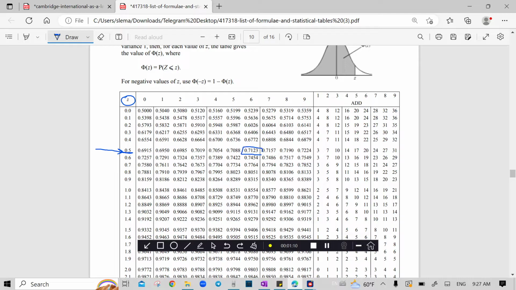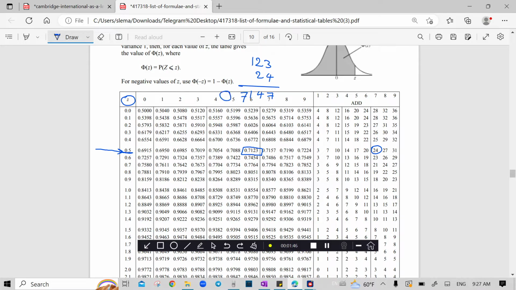We had 0.567. So far I covered 0.56, and the 7 is in the add part. 7 is here in this row. 7 is this 24. So I'm going to add this 24 to the last 3 digits of this decimal number. 123 plus 24 will be 147, and I had this 0.7 here.